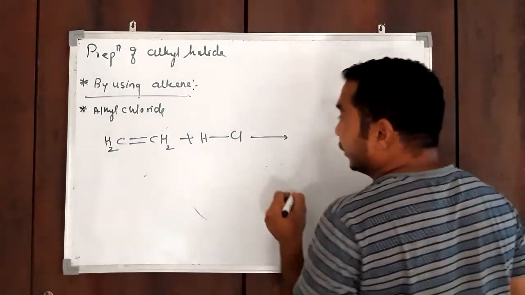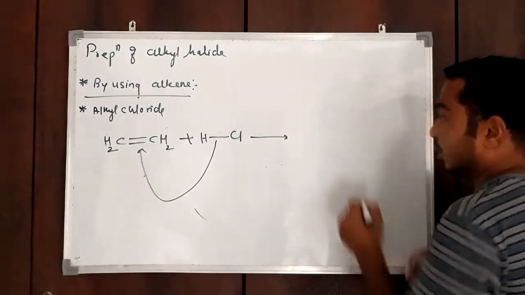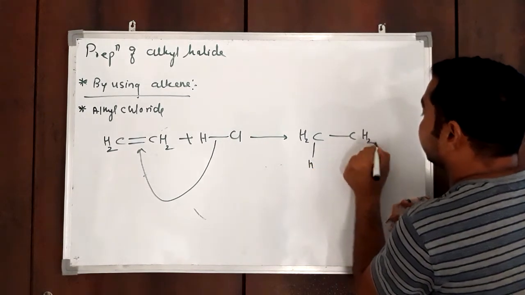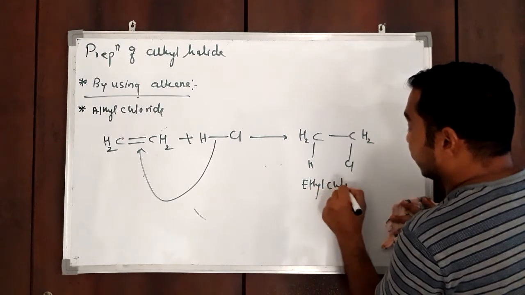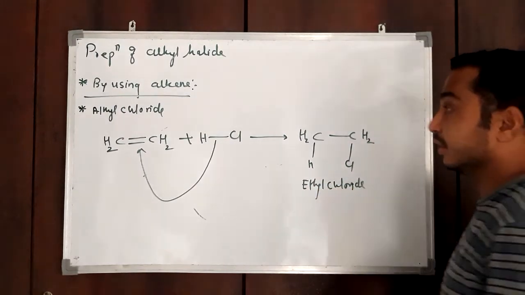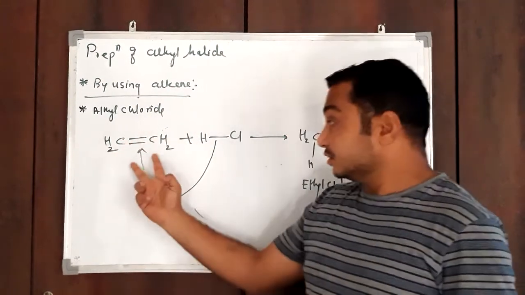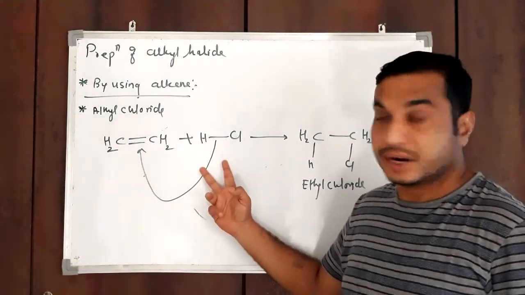This hydrogen chloride molecule adds across the carbon carbon double bond and then gets converted into this, that is ethyl chloride molecule. If you want to prepare alkyl chloride from alkene, just take one molecule of alkene and react it with one molecule of hydrogen chloride.